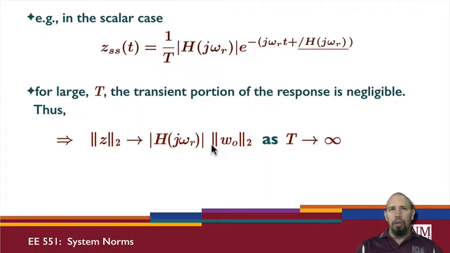If you wanted to be rigorous and actually do it mathematically, then you would choose an epsilon greater than 0, small, and we need to show that we can come within epsilon. For a finite energy signal, we can come within epsilon of having the 2 norm of Z equal to this. That is, the difference between these two is less than epsilon. So it's arbitrarily close.